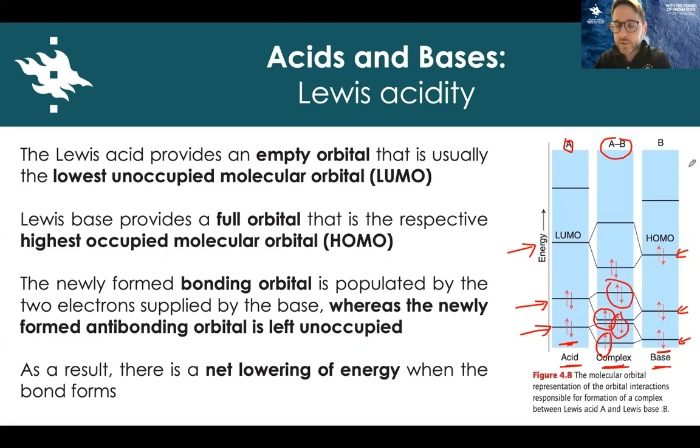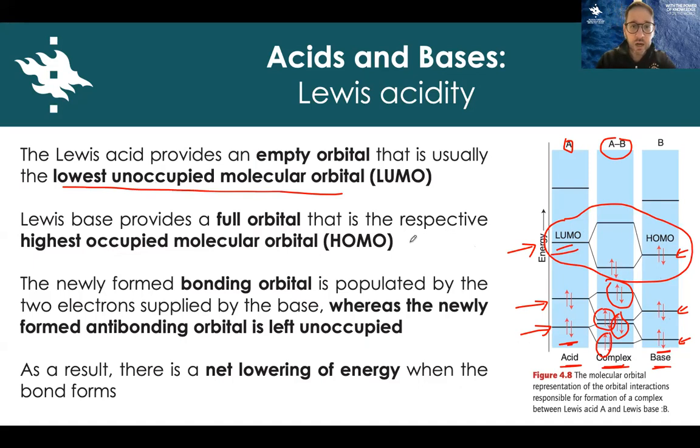And then here, as the base has a lone pair, what happens is that we now have the frontier orbitals, or the valence orbitals, for the species represented here. LUMO refers to the lowest unoccupied molecular orbital, and HOMO refers to the highest occupied molecular orbital.